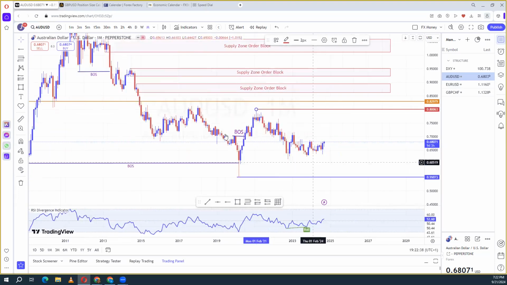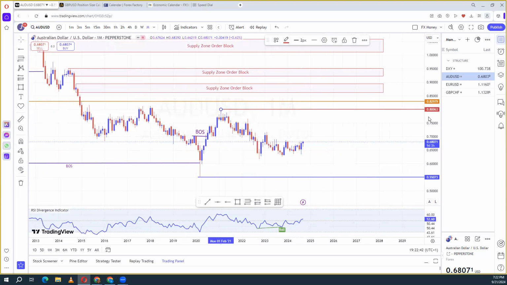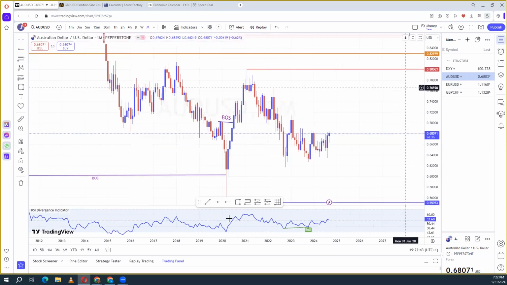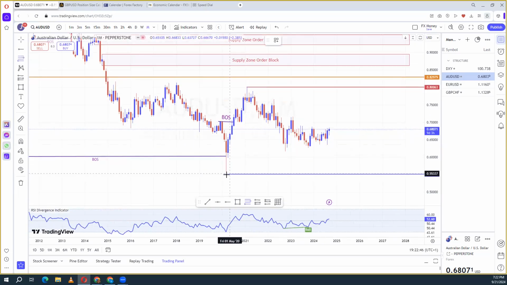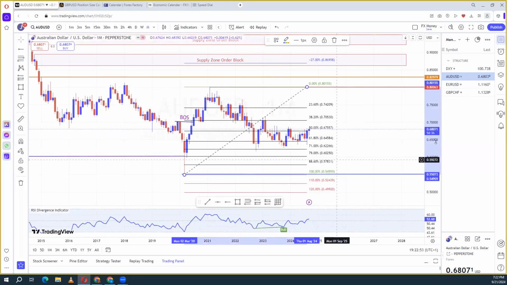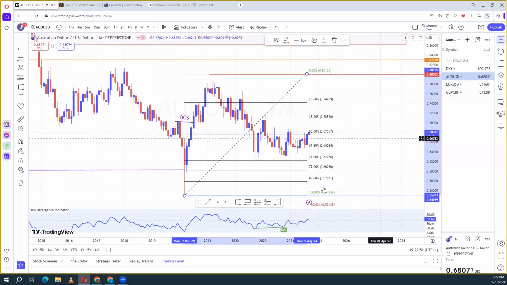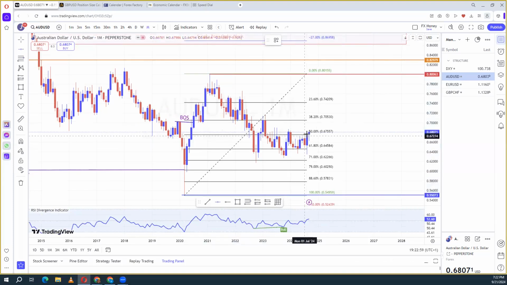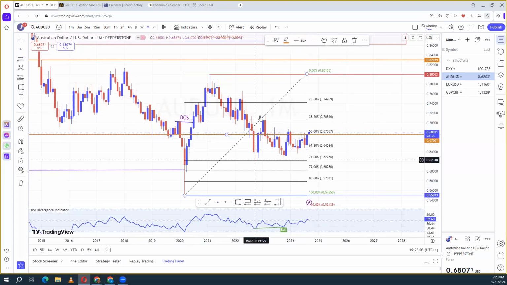So, because of that, if we take our Fibonacci from that low all the way to the high, right? As the market touched our discount area, yes, it came below our 50%, right?